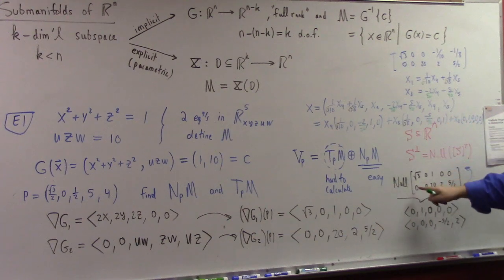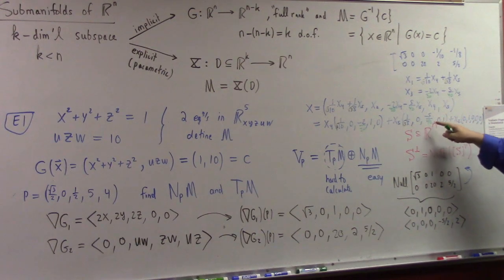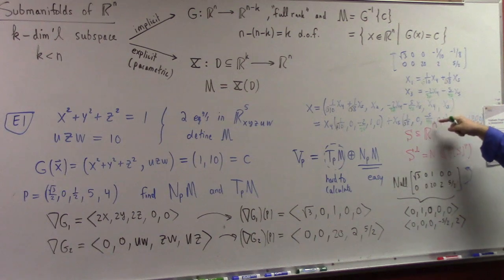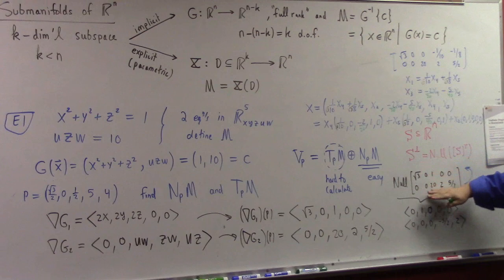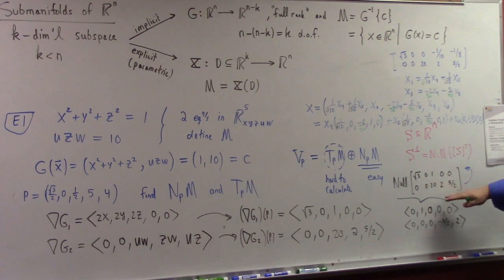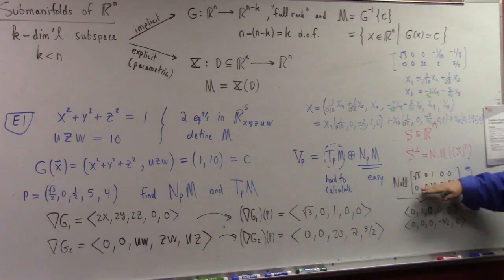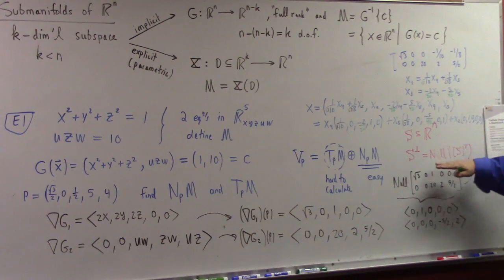And this one, the root 3's cancel, and you get 1/8 minus 5/40, 0. And when I dot product with that, I get, math, 100 over 40, minus 100 over 40, plus 5/2, also known as 0. Great. Dot product 0. And finally, this is obviously dot product 0.